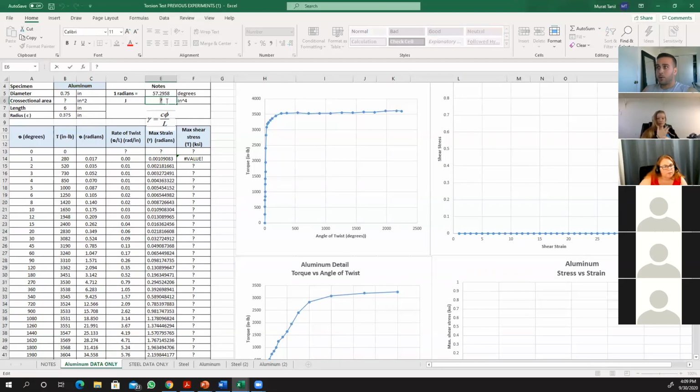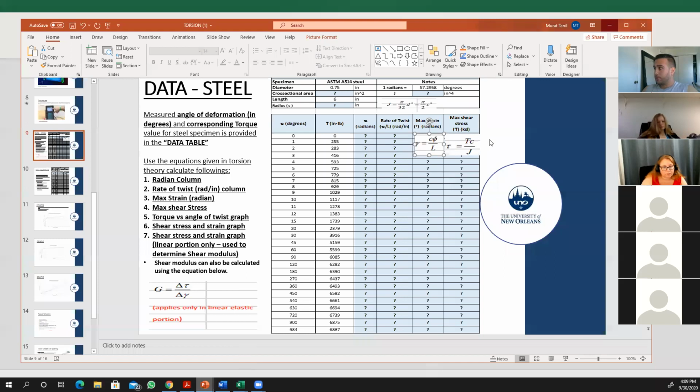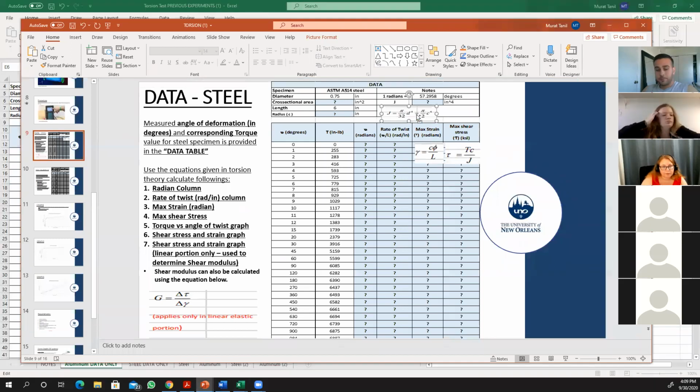Let's see what is J. The polar moment of inertia. It was pi d squared, pi d to the 4, divided by the area. Let's see what is the equation. Right here.